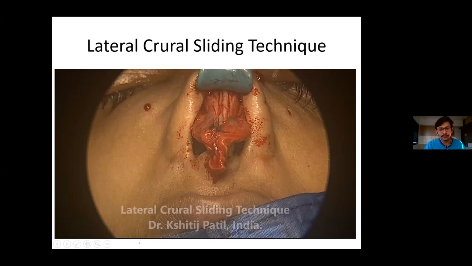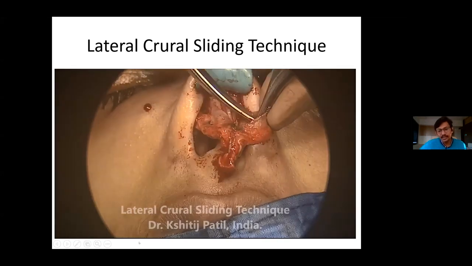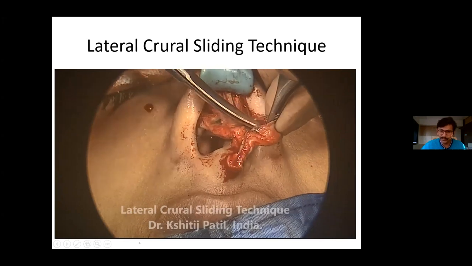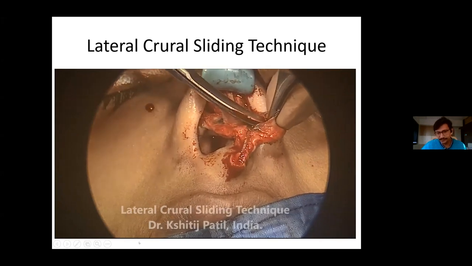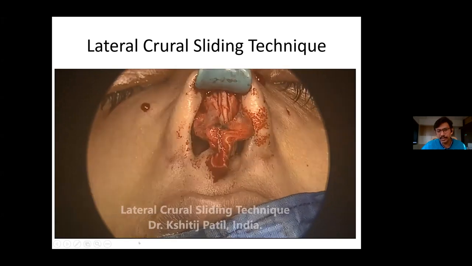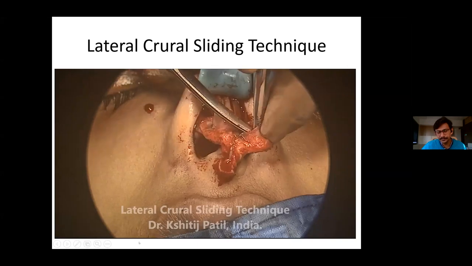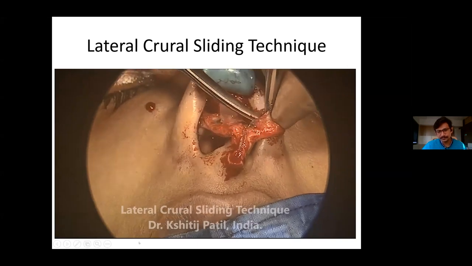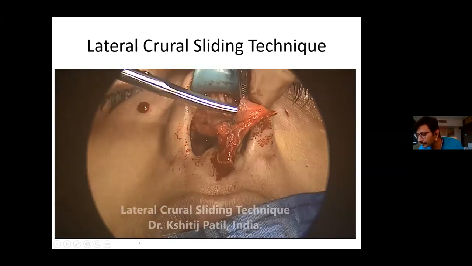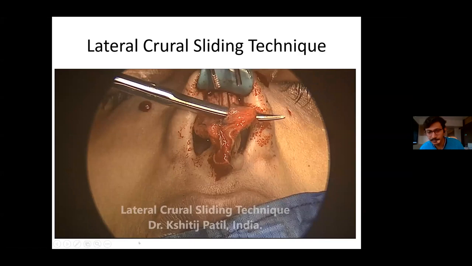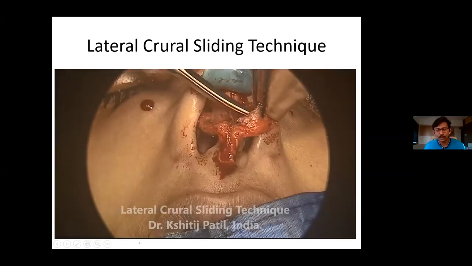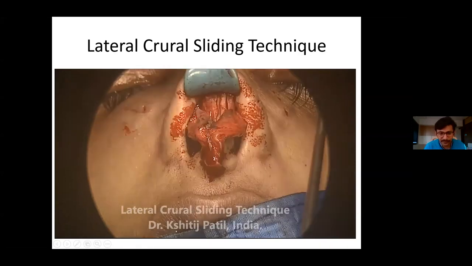Let's see a short video about this. For such a thing, you may have to undermine the skin, undermine the vestibular skin of the lateral crus. So after undermining the skin, okay, so I have undermined the skin over here, as you can see here.